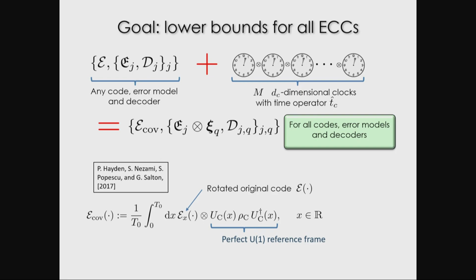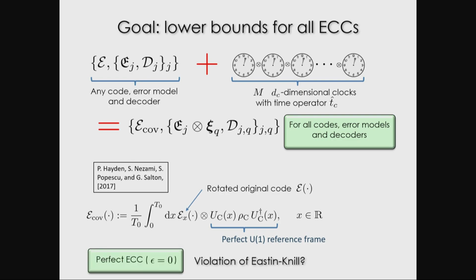So if you specialize to the U1 case, their formalism can be written in this form. Basically, they took the original code and then made a rotated version, tensor product in some U1 reference frame, and then integrated over the Haar measure of this setup.